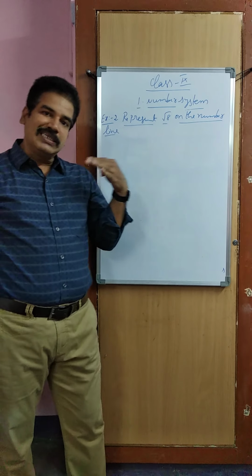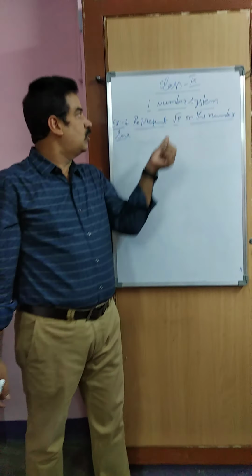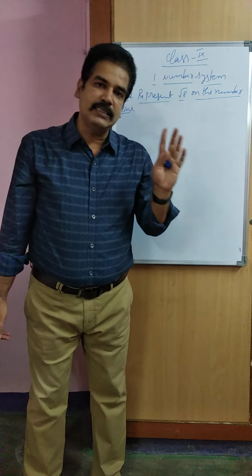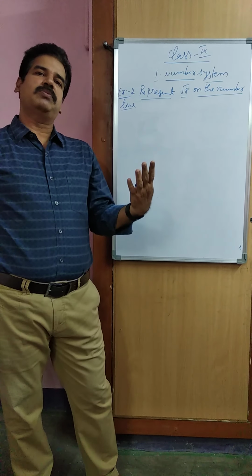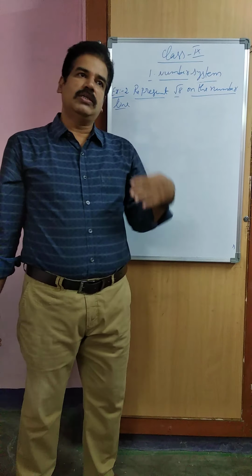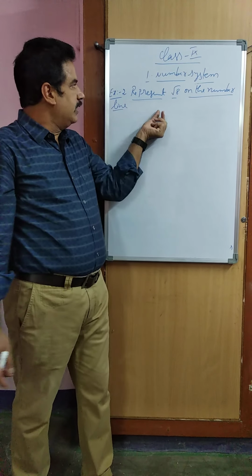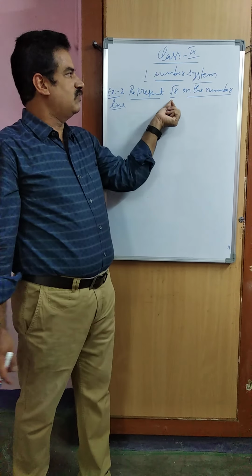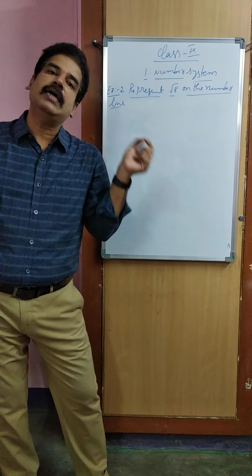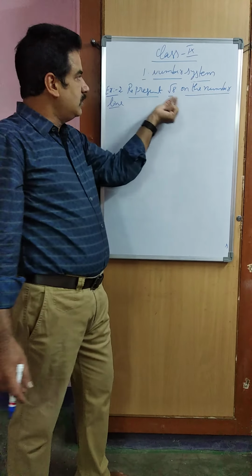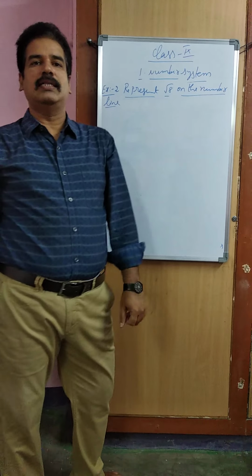The numbers which cannot be expressed in the form of p by q are called irrational numbers. The numbers which can be expressed in the form of p by q are called rational numbers. Now, how can we represent these irrational numbers on the number line?